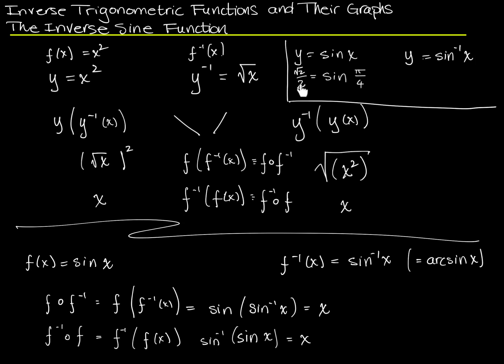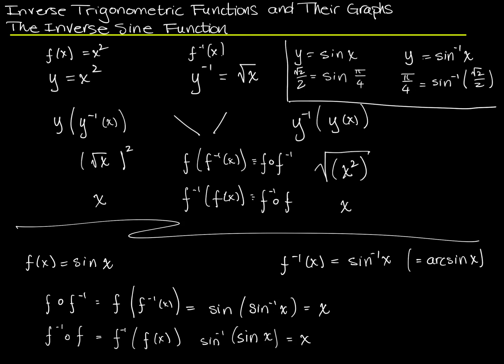This is my input, this is my output. But the sine inverse says, what is the angle whose sine is root 2 over 2? And the answer is pi over 4. In this case, this is my input, and the output is an angle.